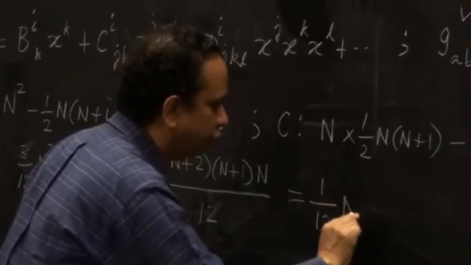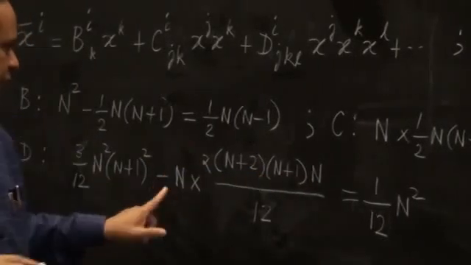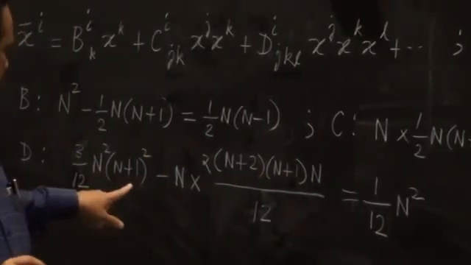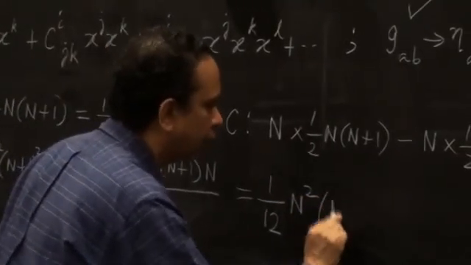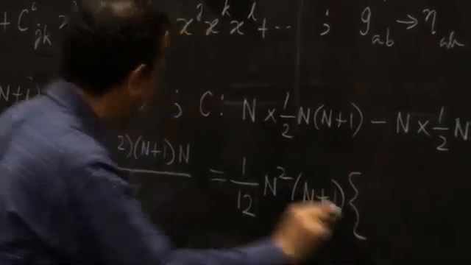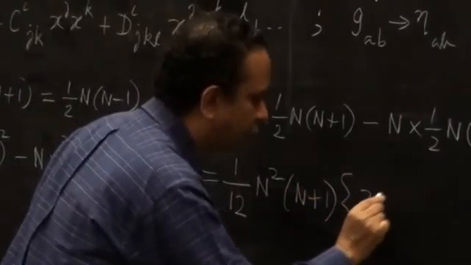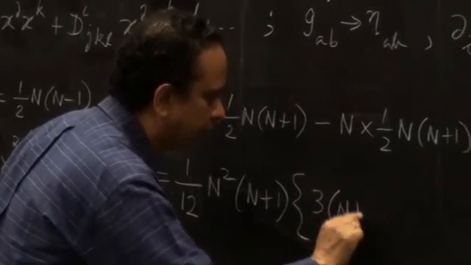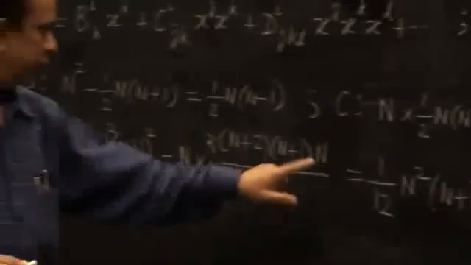Then I have an n square common. There's an n square here and there's an n square here. Then I have an n plus 1 also common. N plus 1 times n square, and n plus 1 is taken, so it is 3 into n plus 1, minus n square is taken, n plus 1 is taken, 2 into n plus 2.